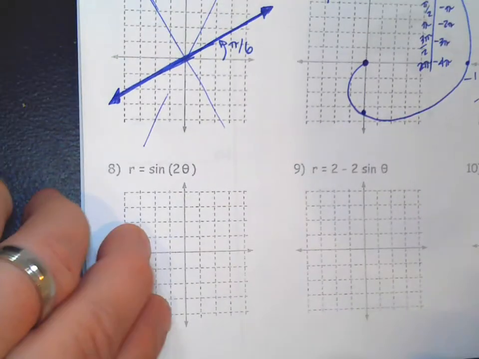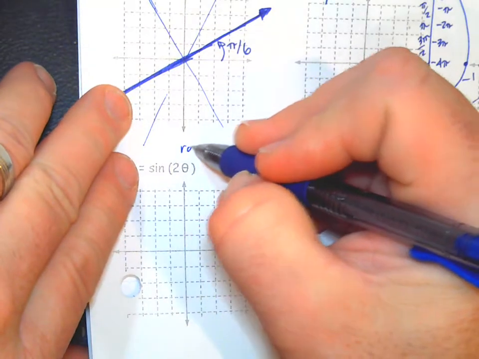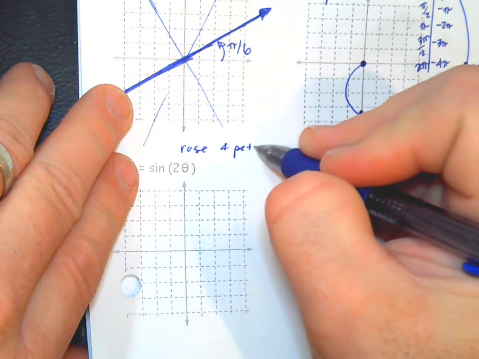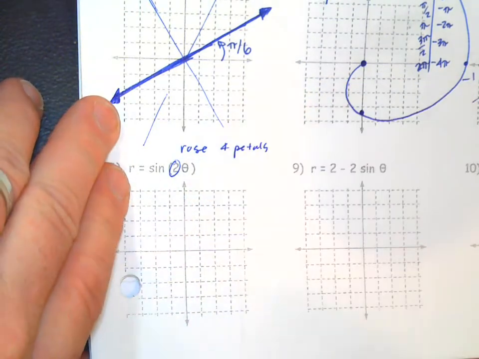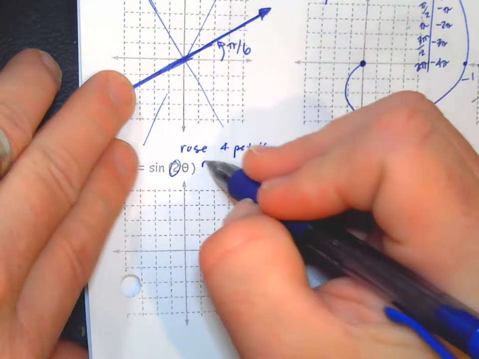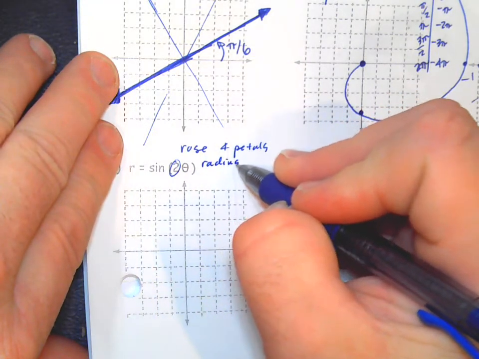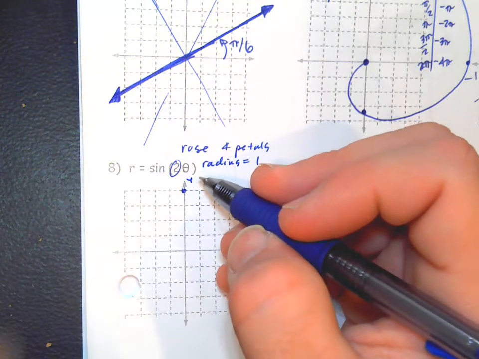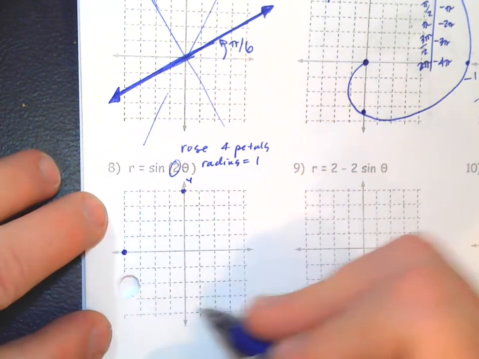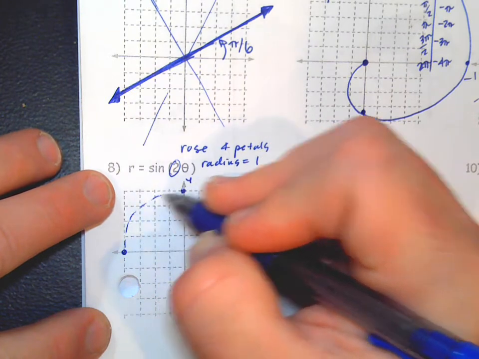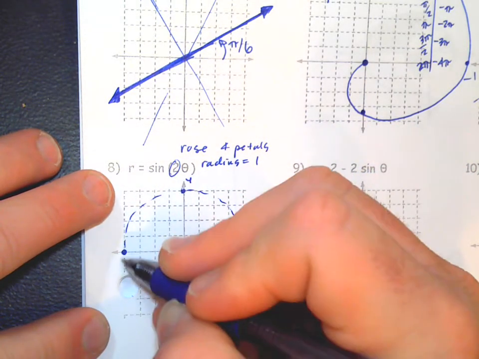Okay, this next one is another rose curve, but it has 4 petals because it has an even number inside. So the second set of petals ends up actually staggered from the first set. The radius is 1. So I'm going to go ahead and sketch a circle that it fits in, which I really need.